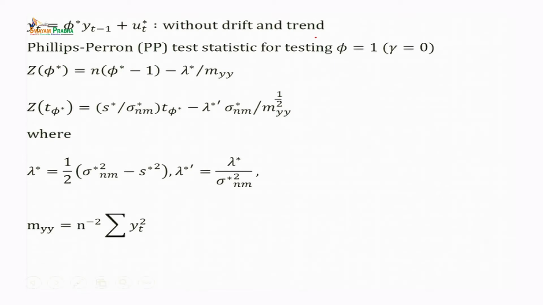Then the Phillips-Perron test statistic for testing phi equal to 1 or gamma equal to 0 is z phi star equal to n (phi star minus 1) minus lambda star upon m y y. And z t phi star is equal to s star upon sigma star n m times t phi star, minus lambda star dash sigma n m star divided by m y y to the power half.